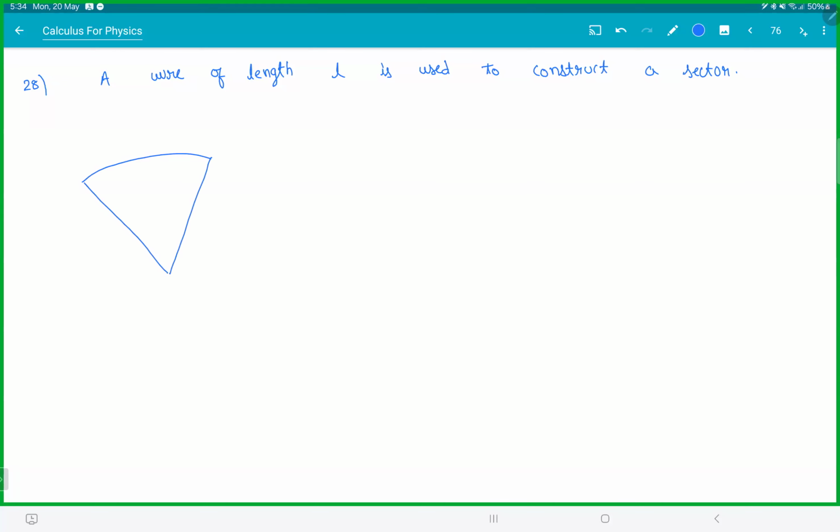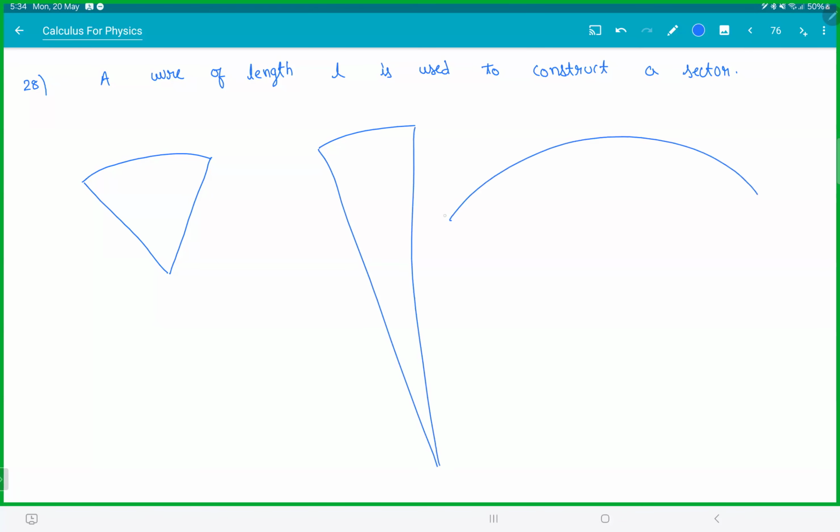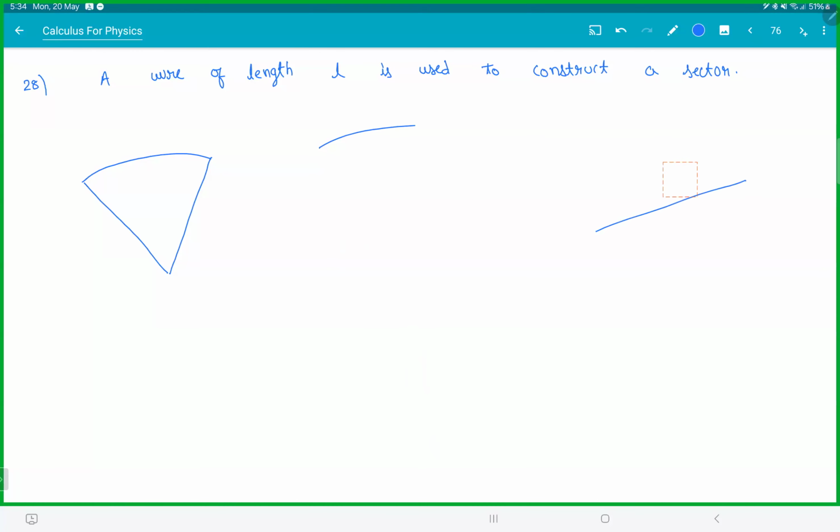Now you can construct different sectors. You can construct a thin sector like this, or you can construct a broad sector like this. So there are different sectors you can create. Basically, angle theta and radius r. You don't know both of them. So find the maximum area of the sector.